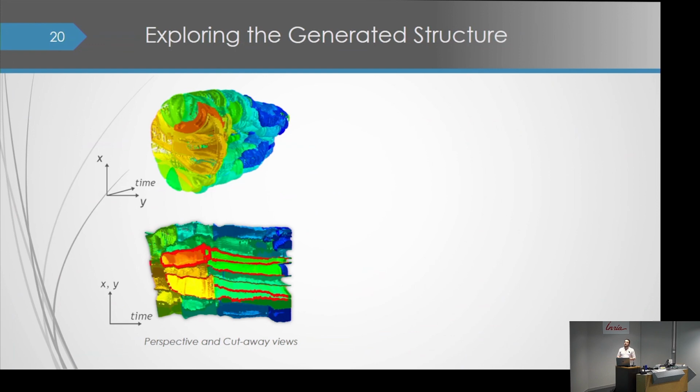This is the type of visualization that we get: a perspective and cutaway view of the space-time cube obtained, which is basically the evolution of this cut over time.